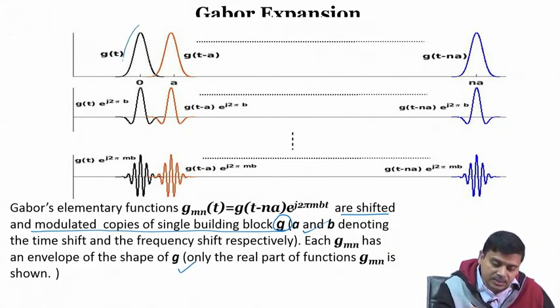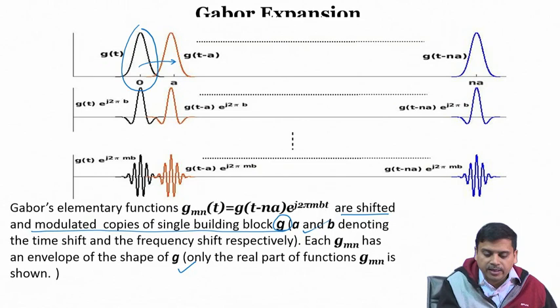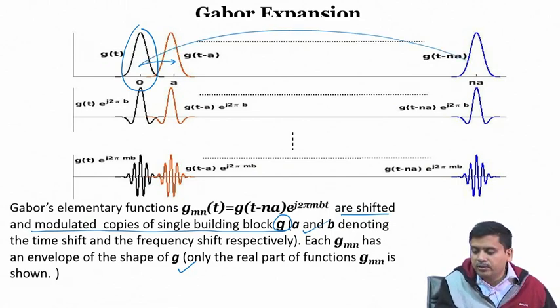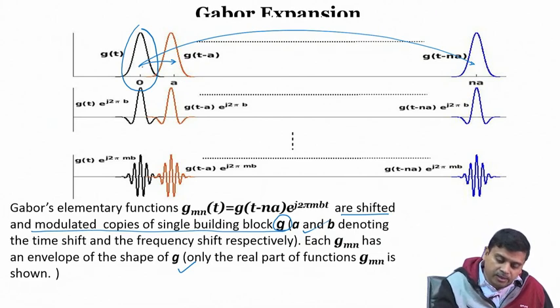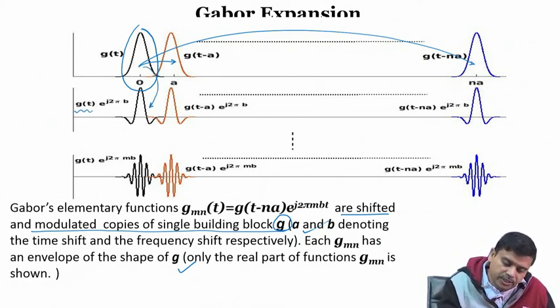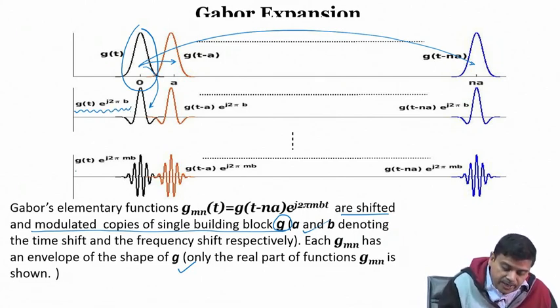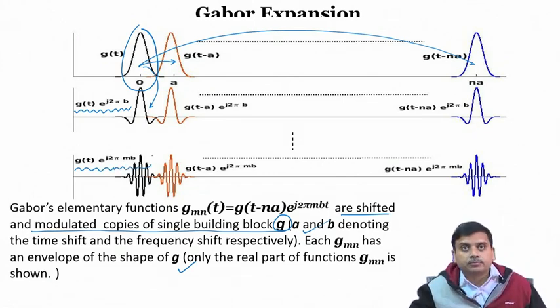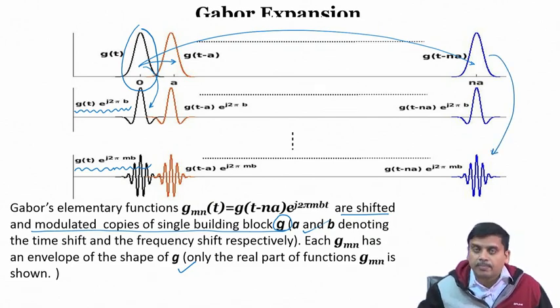So, this is your g of t. This, when shifted in time, is g of t minus a and g of t minus na, and each of them can be modulated in frequency in a manner g of t e to the power of j 2 pi m b t. So, this can also be shifted in frequency.